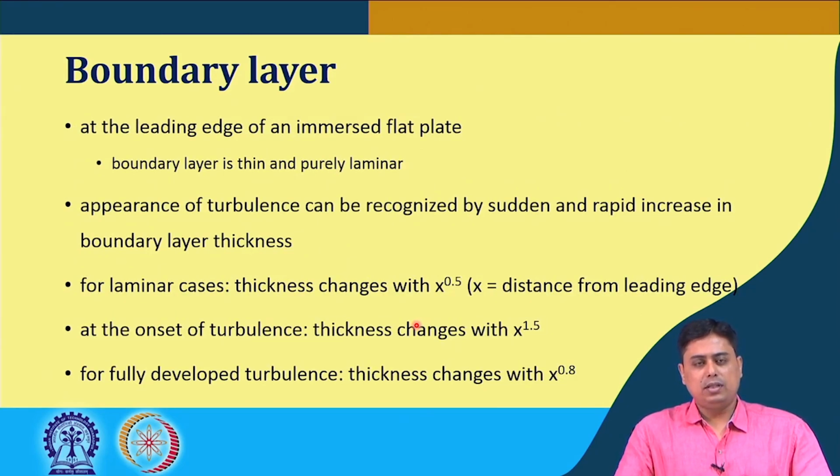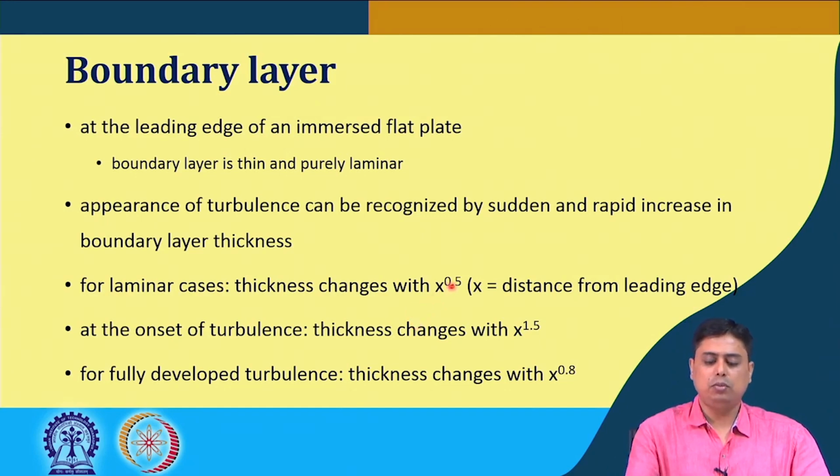After that, as we go far from the leading edge of this flat plate, that turbulence sometimes dissipates or is carried away by the bulk fluid velocity. In laminar cases, the thickness of the boundary layer typically varies with x to the power 0.5, where x is the distance from the leading edge.